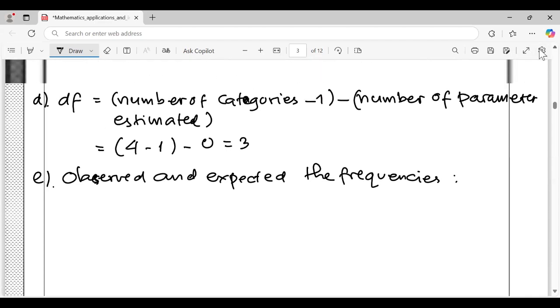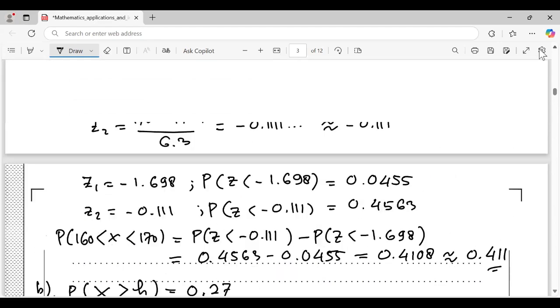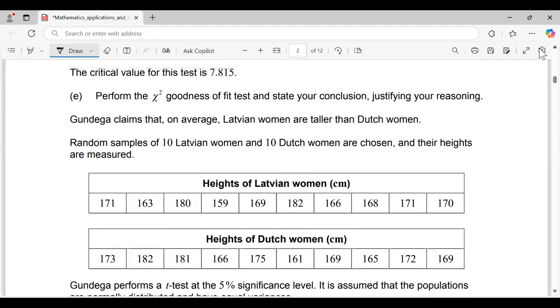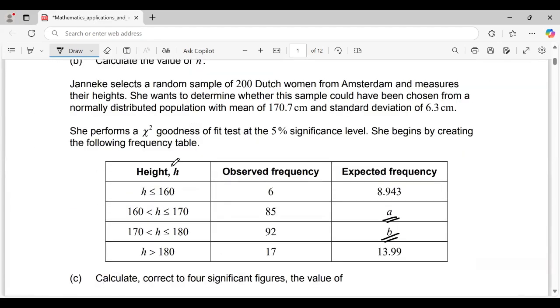I mean this one, the frequency. The first frequency is H less than or equal to 160, the second frequency 160 to 170, the third frequency 170 to 180, and the fourth, H greater than 180.